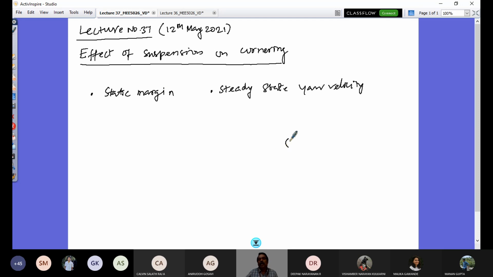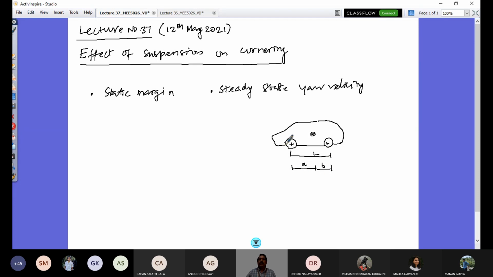So let us look at a vehicle. We can consider this as a simple passenger car. I have here the CG location of the vehicle, and this is wheelbase L, the distance of the CG from the front axle is a, and the distance from the rear axle is b.